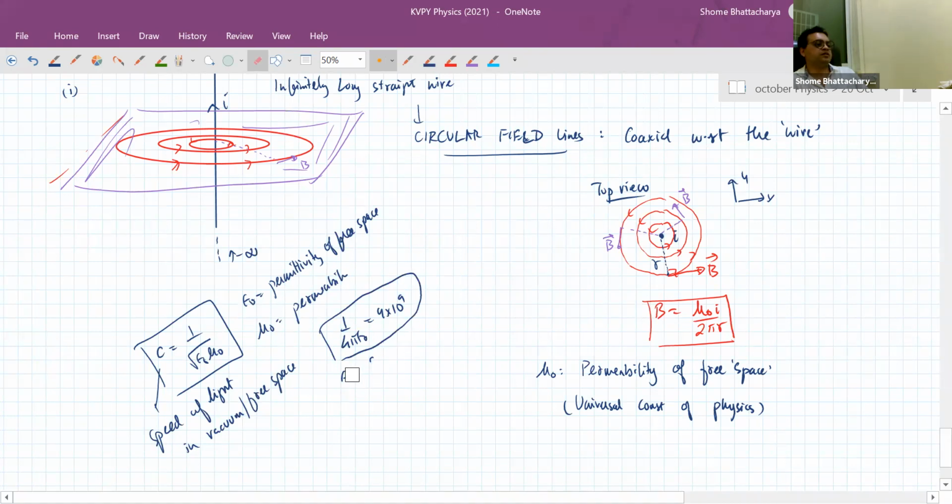Now likewise, here also, mu naught has a value such that mu naught is equal to 4 pi into 10 raised to minus 7 Tesla meter per ampere. Or you can remember it this way, that mu naught by 4 pi is equal to 1 into 10 raised to minus 7 Tesla meter per ampere.